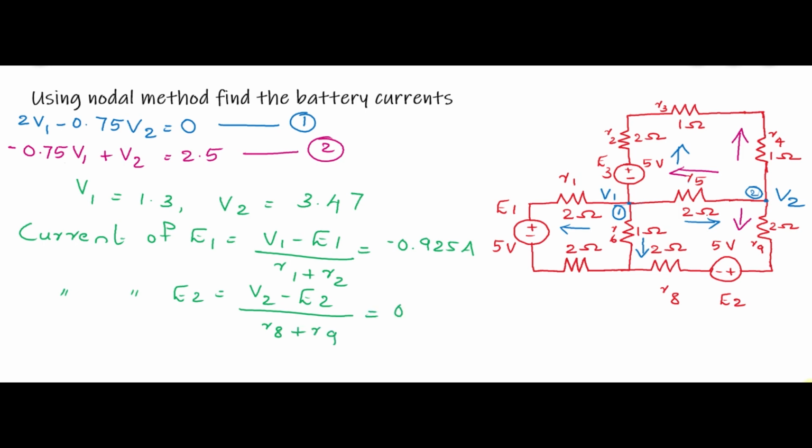Substituting the values, you will get 2.225 ampere. Then the current of E3 is V1 minus V2 plus E3 divided by R2 plus R3 plus R4. Substituting the values, you will get 0.706 ampere. So, hope you have understood this video.